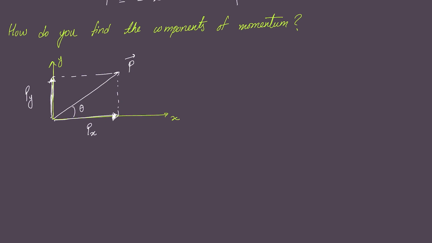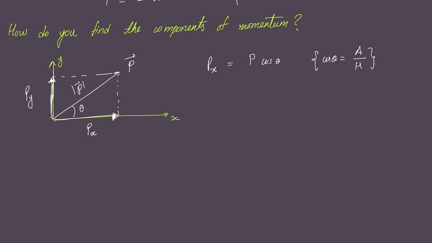Now, if this is p and we have px and py as x and y components, we can figure out those components. So when you do cosine of theta in this triangle, you get px equals p cosine theta, because cosine of theta is base or adjacent over hypotenuse, and that would mean that cosine of theta will be px over p.